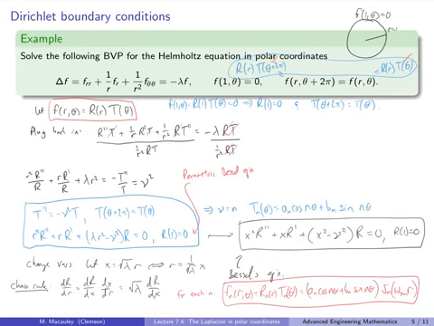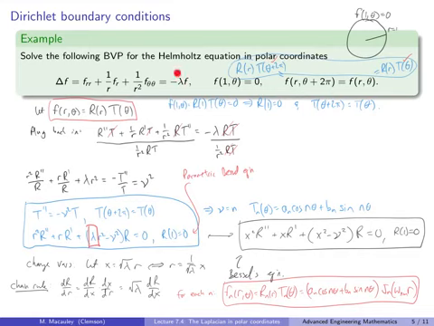Although before we go there, since I have this all written out here, let me just remind you that omega_nm is the mth root of the nth Bessel function J_n of the first kind, and the square of this is the eigenvalue lambda here of this Sturm-Liouville equation.